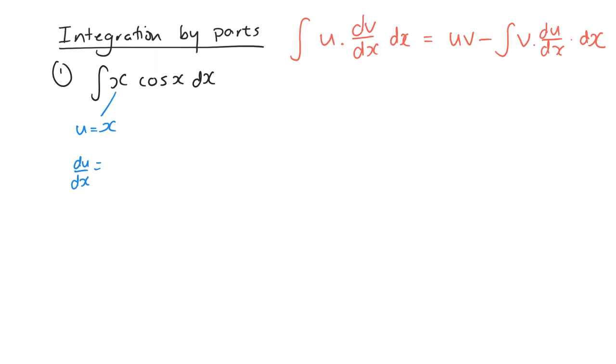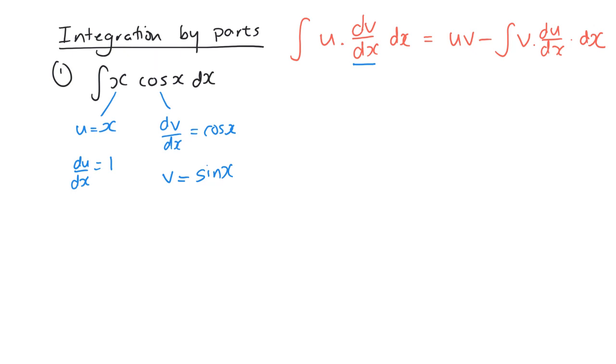Differentiate u with respect to x, we'll get 1. Our second term then, according to our formula, is dv by dx, which is cos x, and we need to find v, so we'll have to integrate. So if dv by dx is cos x, integrate cos, and we get sine x.